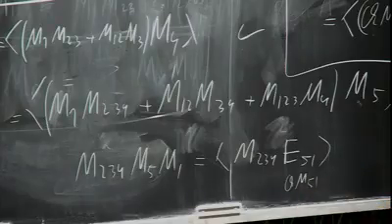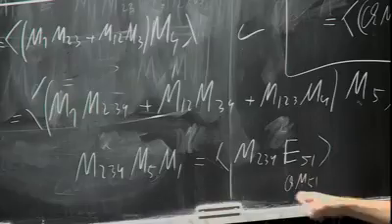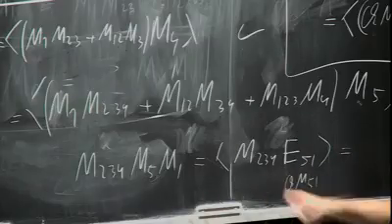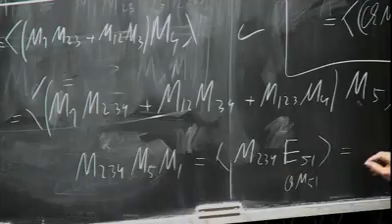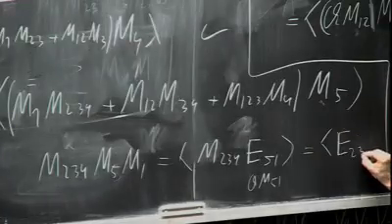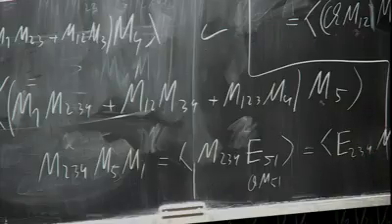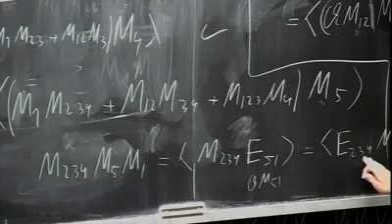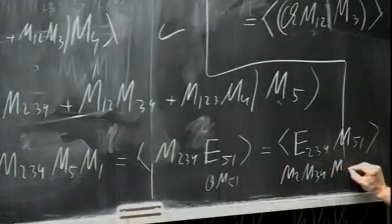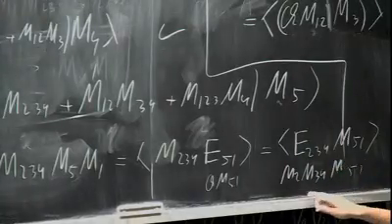So you can do integration by parts, BRST integration by parts. So this Q there, if you do that, you get E234 M51. And now if you expand the definition of E234, you will get M2 M34, and then M51, and then another term.